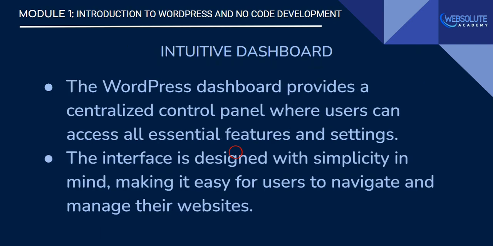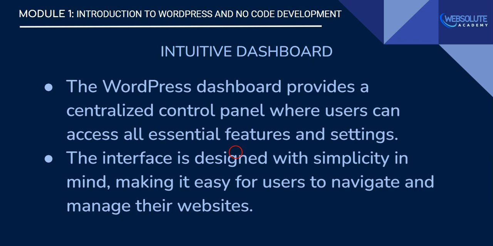The intuitive dashboard. In the last video we discussed the dashboard. This is just to expatiate on it. The WordPress dashboard provides a centralized control panel where users can access all essential features and settings. You have the dashboard, the media, the users, the appearance, the plugins, the settings, the tools, and every other thing available for you to make a website work.